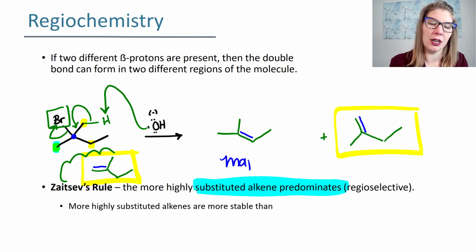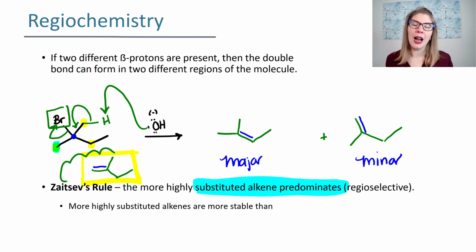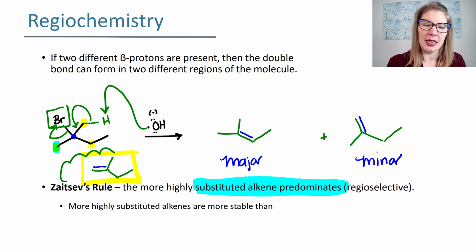So this will be major, and this will be minor. Let's talk about the more highly substituted alkene and what that means. I want to highlight the carbons that are sp2 hybridized. So I highlighted them in blue here, and I'm highlighting them in blue on my minor product as well.